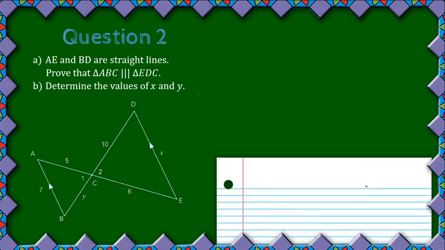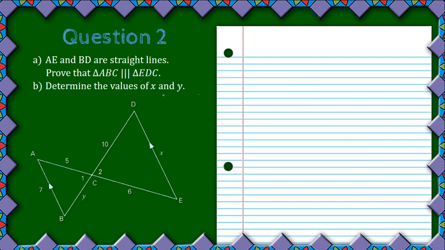Then for question 2, AE and BD are straight lines. Prove that triangle ABC is similar to triangle EDC. So we state that we're working in triangle ABC and triangle EDC, right?